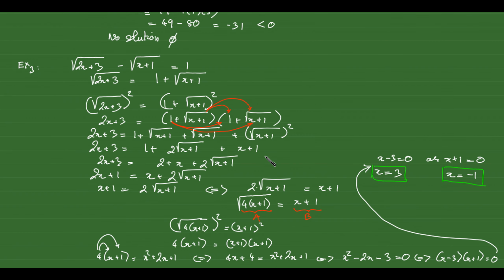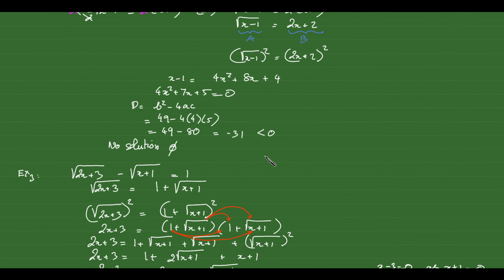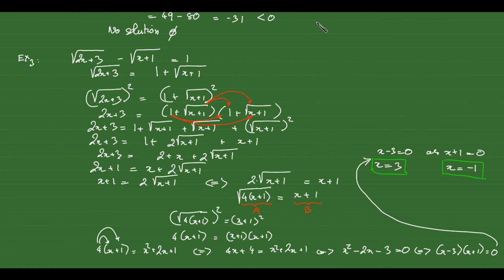Now, what if I have two radicals? Example 4. What if I have two radicals, and it's not something like this?